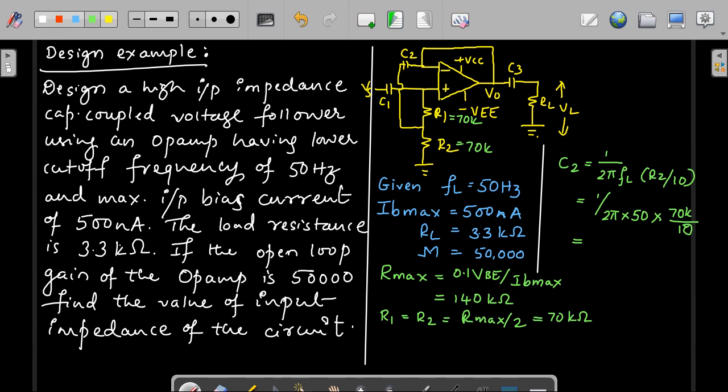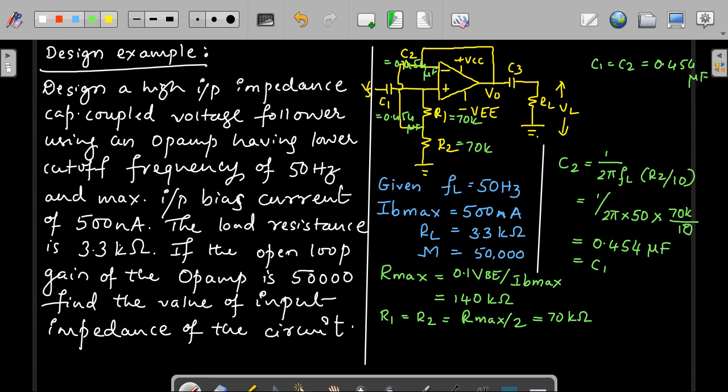Otherwise, you write your correct values. 0.454 microfarad, which is also equal to your C1. C1 is equal to C2 is equal to 0.454 microfarad. These are the values of C1 and C2.